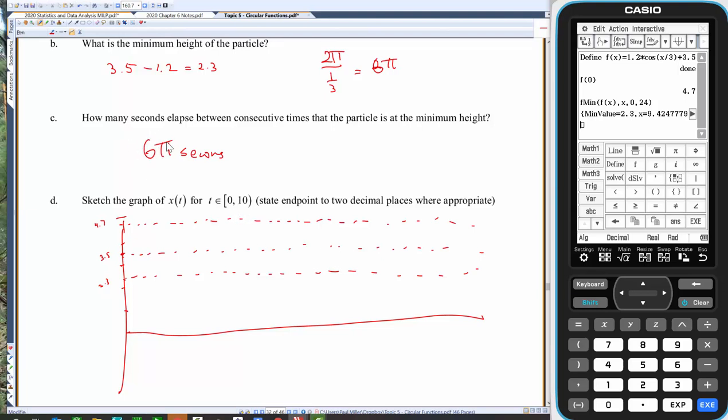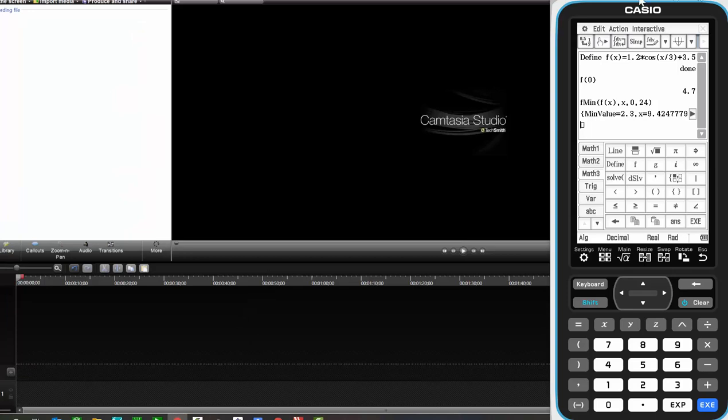Okay, so now let's work out the scale. So it's going to be 6 pi on 4, which is equal to 3 pi on 2. Then we're going to go 3 pi, which is 9.